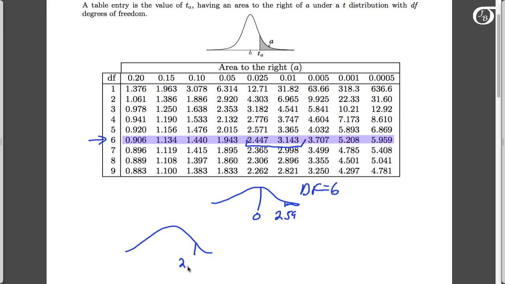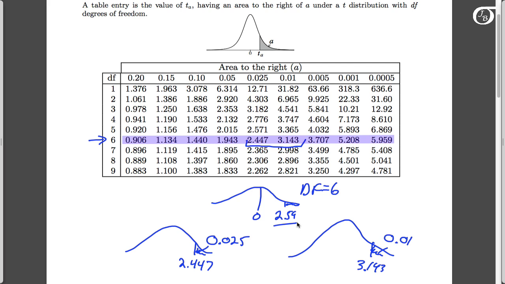And at 2.447, the area out here is 0.025. And similarly, the area to the right of 3.143 is 0.01.